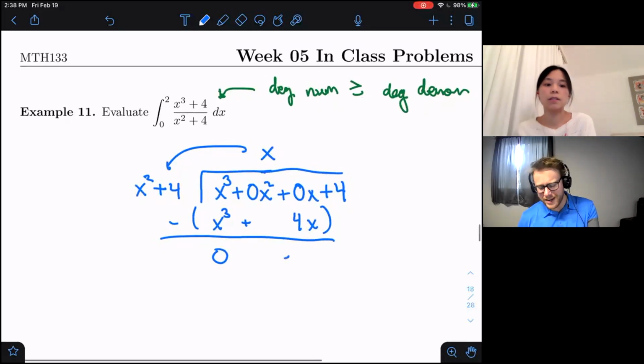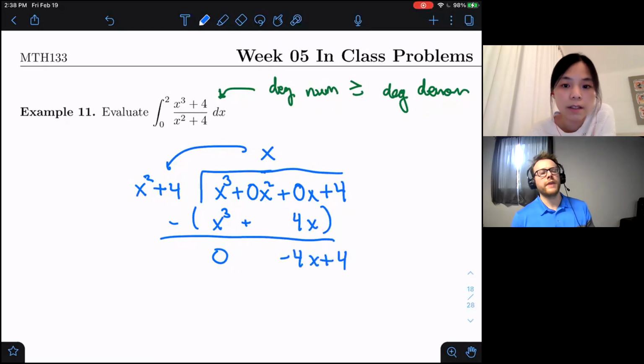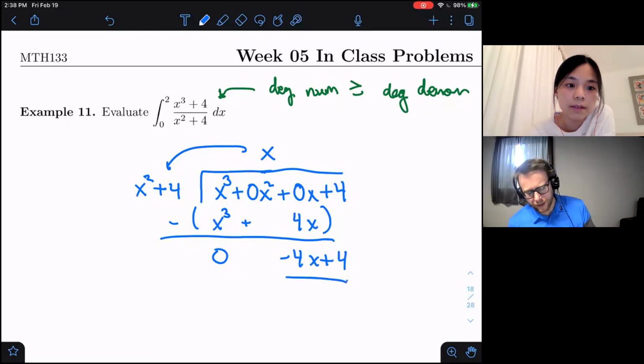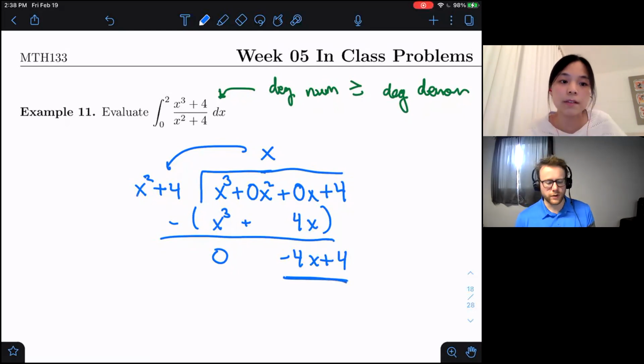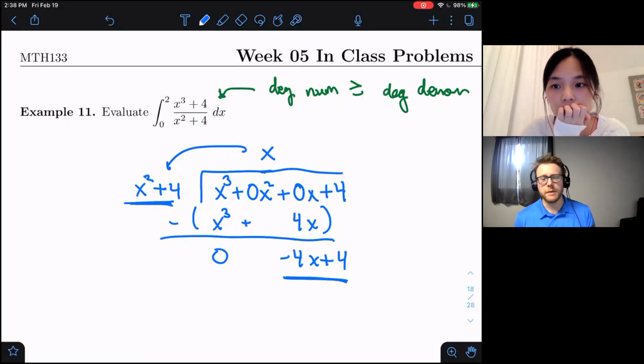Now we're going to have what? Negative 4x and plus 4. That's going to drop down here. Now we check: we look at the degree of this. It's first degree. Is that larger than or equal to the degree of the divisor? That tells us if we need to continue or not. In this case, it's not, and so this is going to be our remainder.